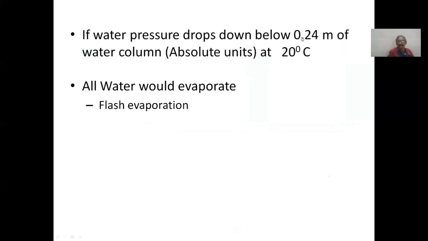If the pressure in absolute terms is more, say 0.3 or 0.4, then also evaporation will be there. The closer to this value, the more the evaporation. So this should be recalled. All this knowledge you would have studied in basic thermodynamics courses and in chemistry, in all other places.